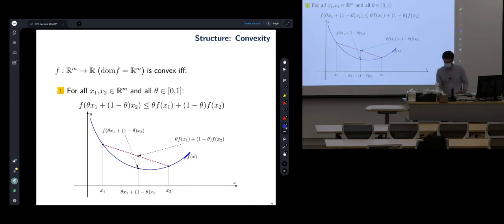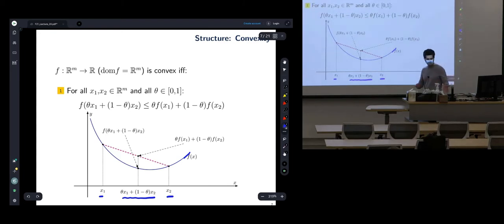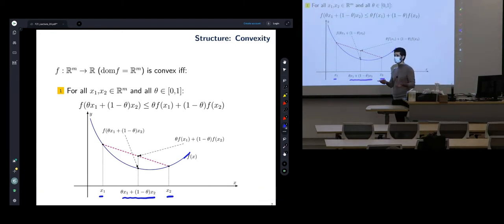Algebraically, that means that we pick two points, x1 and x2, and interpolate between x1 and x2 using a variable theta between 0 and 1, right? When theta is 0, we are at x2. When theta is 1, we are at x1. So as it changes between 0 and 1, we can move between x1 and x2. Now evaluate your function as you interpolate.